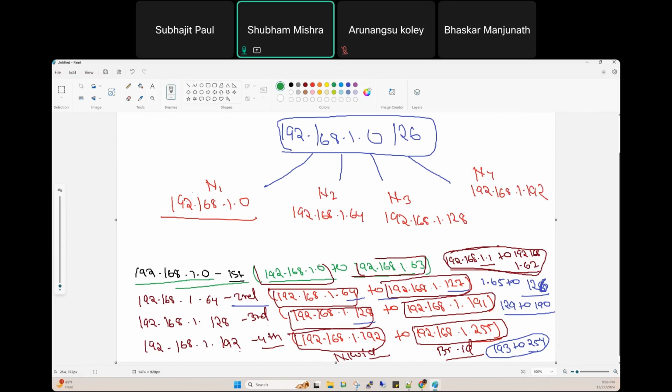And network number 4 will be 192.168.1.192. Fine. Now, what was the definition I told you about FLSM? I told you in each subnetwork, the subnet mask will be fixed. So /26, /26, /26, and /26. That is fixed. Clear, guys? Now, one more thing I told you. In each subnet, the number of valid IP addresses will be the same.